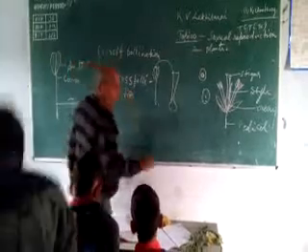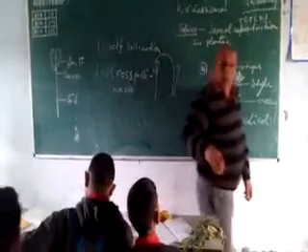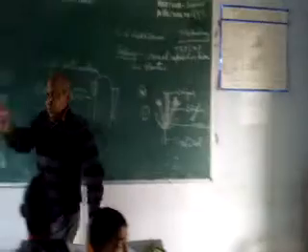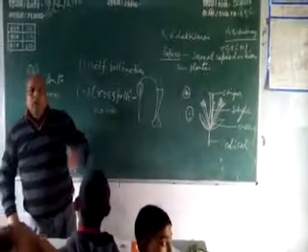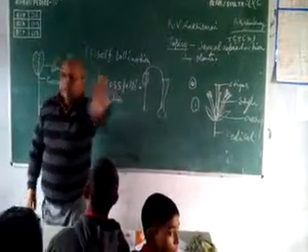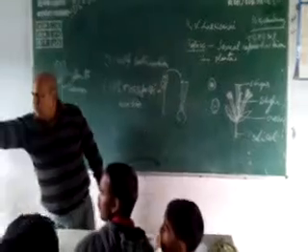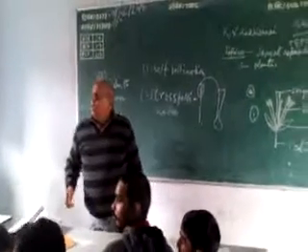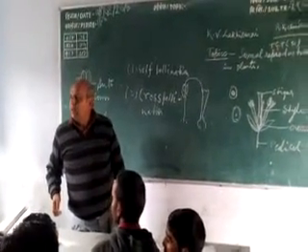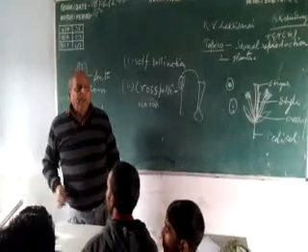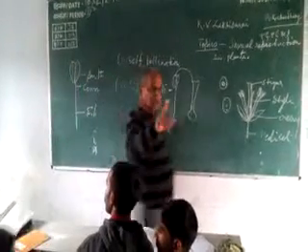Here, you sit down. Yes, you can say. What is self-pollination? Yes, this is the transfer of pollen grain on a flower. You sit down. Your answer is not right. Perhaps you say: the transfer of pollen grain from anther to stigma in the same flower is called self-pollination.